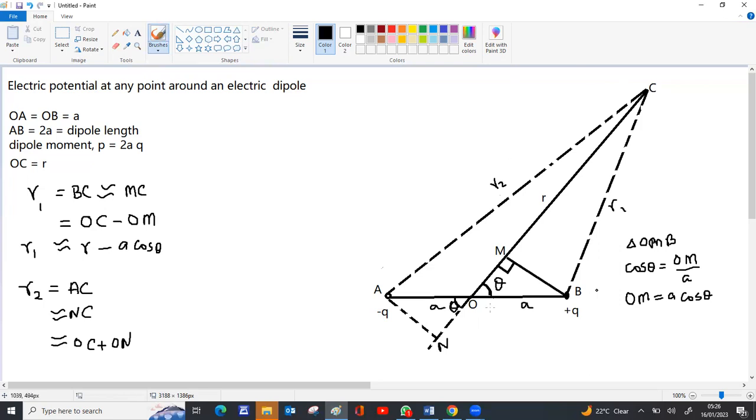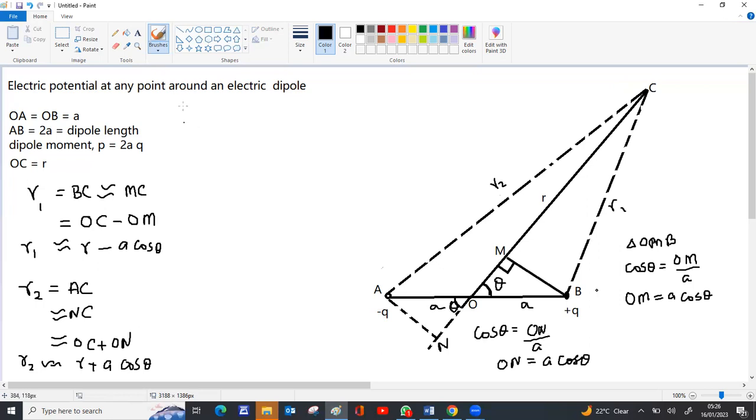From this right angle, cos theta is adjacent side ON by hypotenuse a, so ON equals a cos theta. So here, r2 is approximated as OC, which is r, plus a cos theta.